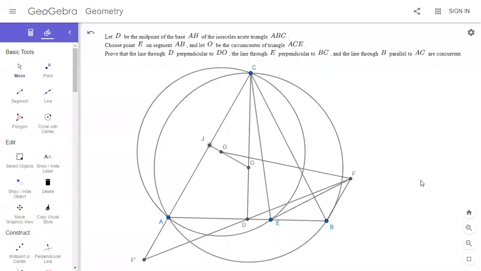Is it possible that triangles OEF prime and OCF are similar?